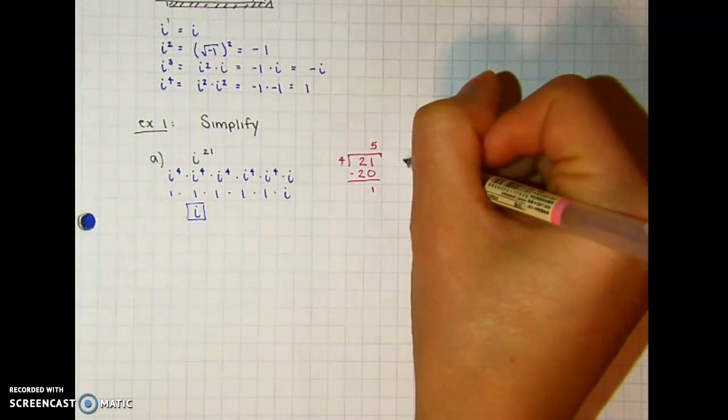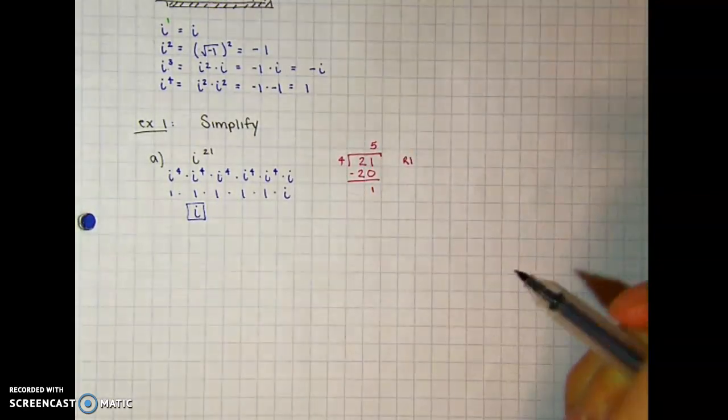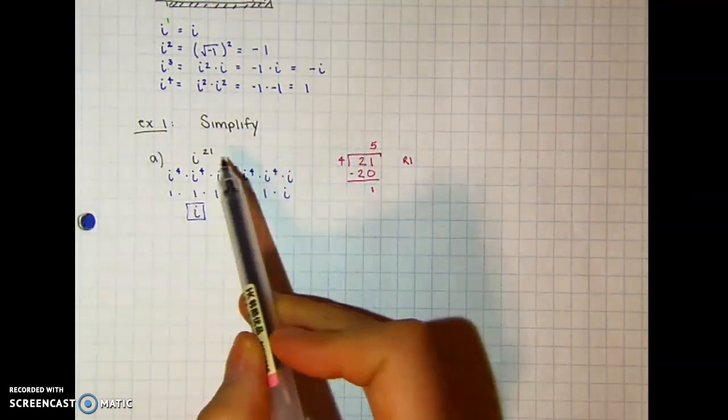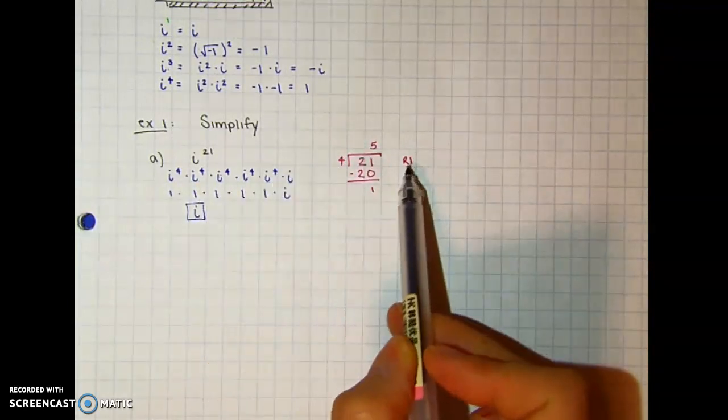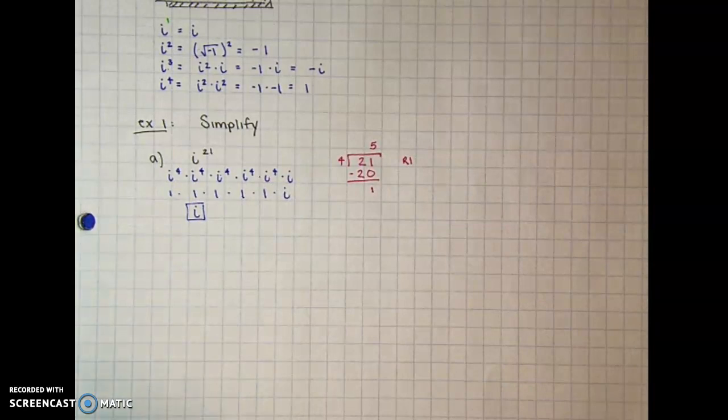So we have a remainder of 1. That means we're going to have i to the fourth 5 times, and then 1 i value.